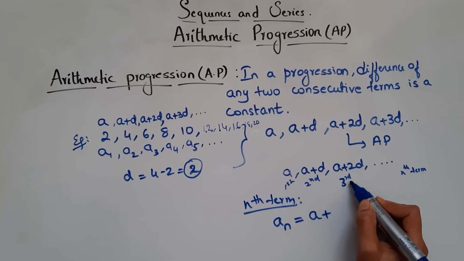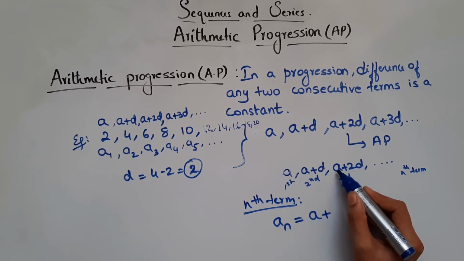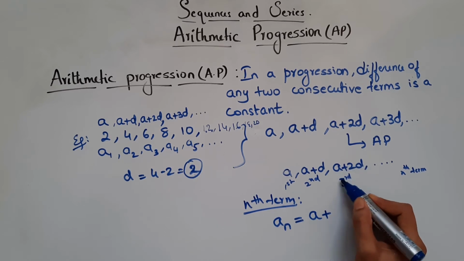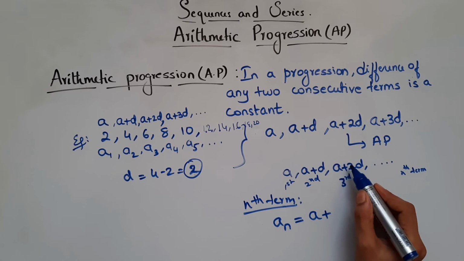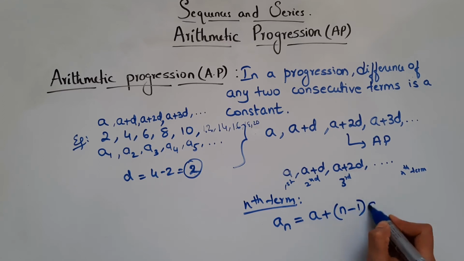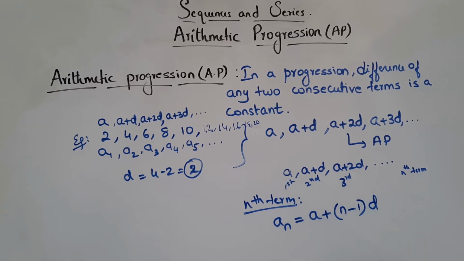Here if you see, this is the third term, n is 3, but we have a plus 2d, meaning n minus 1, right? n is 3, so 3 minus 1 will give you 2. So we have n minus 1 into d for the nth term. So this is how we got this formula.